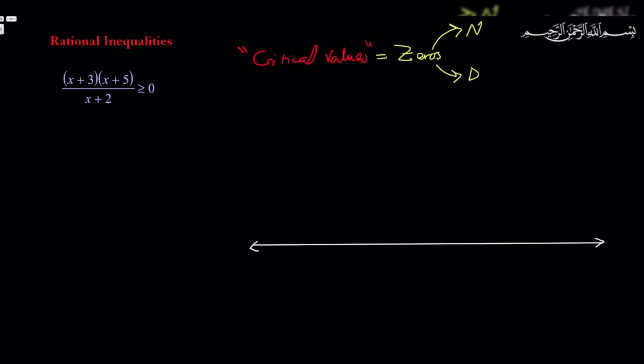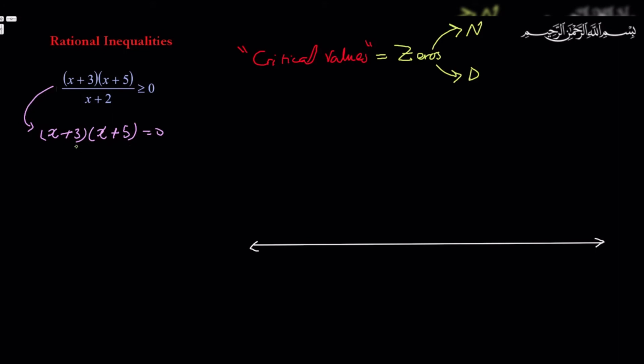So let's find all the critical values of the numerator here. For the numerator, we want (x + 3)(x + 5). We want to see what makes the numerator 0, so we want this product to be equal to 0. Well, that's easy enough in this case because it's already factored out for us.